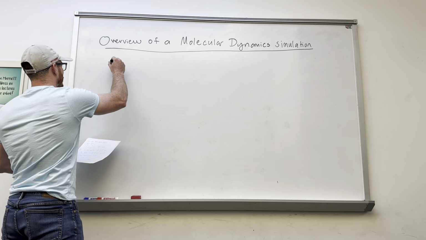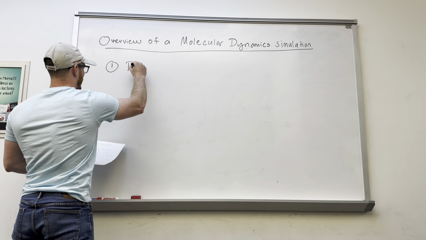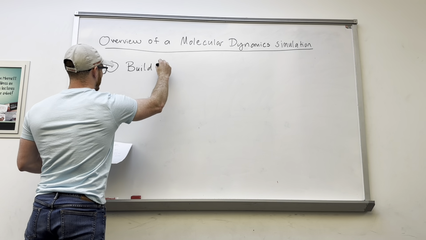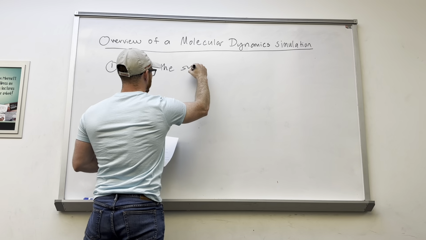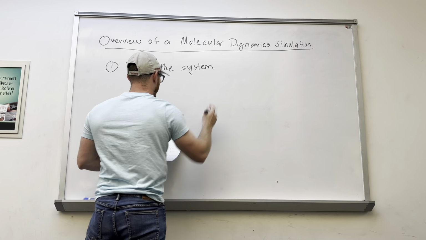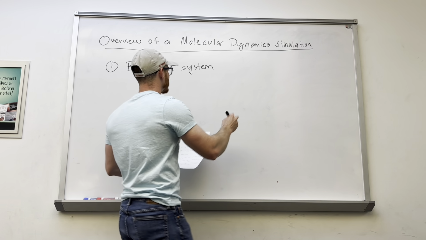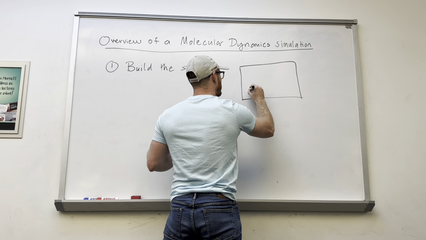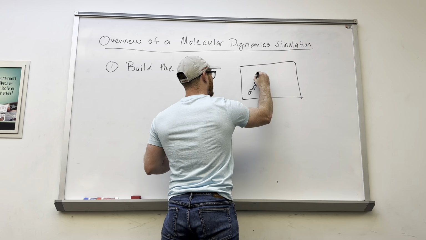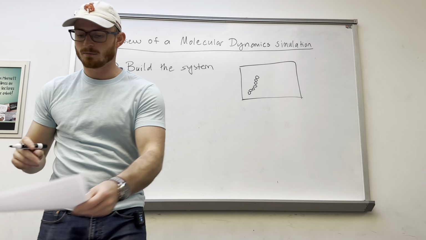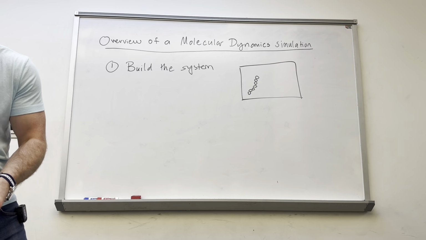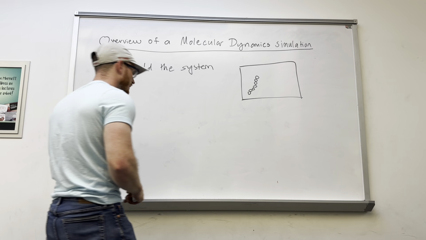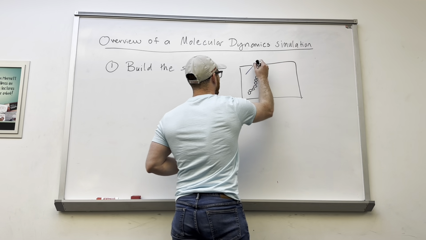So the first step, generically, is building a system. This is actually a pretty non-trivial step. You need to create a system of particles and populate some computer simulation box with those particles. Maybe I'm interested in this polymer, or maybe it's a protein and I'm interested in how it folds in a solvent, let's say in water.